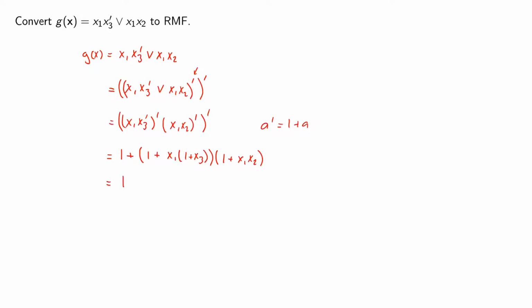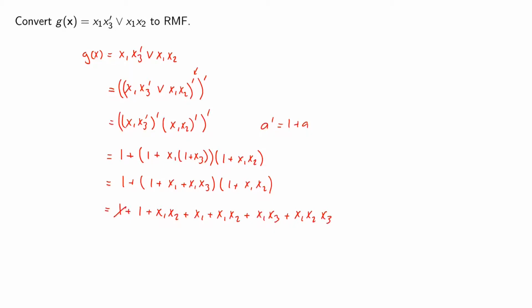And then let us write this as 1 plus (x1 plus x1 x3) times (1 plus x1 x2). And then we use the distributive law to write this as 1 plus x1 x2 plus x1 plus x1 x2 plus x1 x3 plus x1 x2 x3.